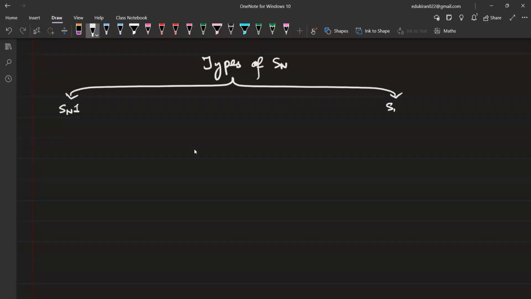SN1, SN2. This is unimolecular nucleophilic substitution.